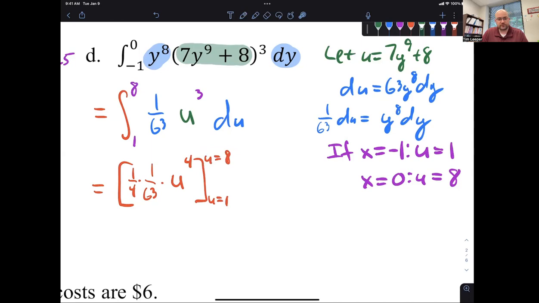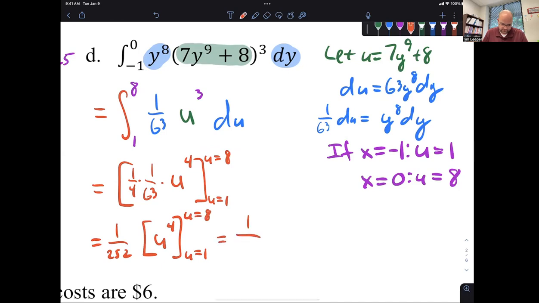Now, 1 over 4 times 1 over 63 is 1 over what? 252. And I'm just going to bring that out front, making that 1 over 252 times u to the 4th, evaluated from u equals 1 to u equals 8. So really, this is 1 over 252 times 8 to the 4th minus 1 to the 4th.